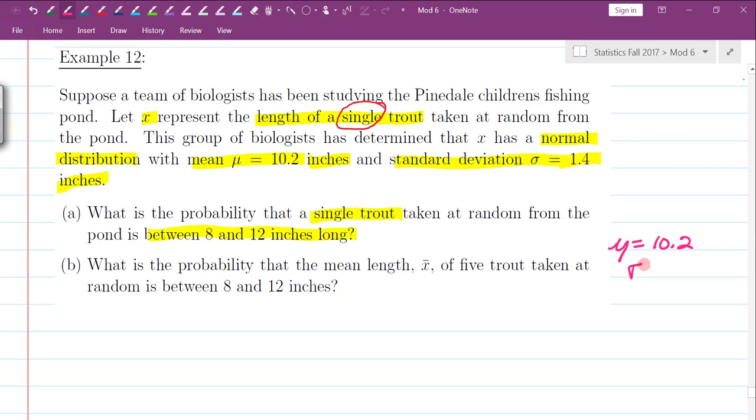We're asking, what is the probability that 8 is less than X, which is less than 12? That we catch a trout and it's between 8 and 12 inches long. Well, we need to standardize both of those values. We need to find out what the Z is.